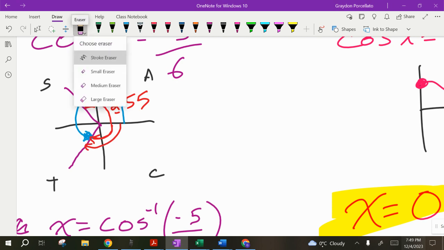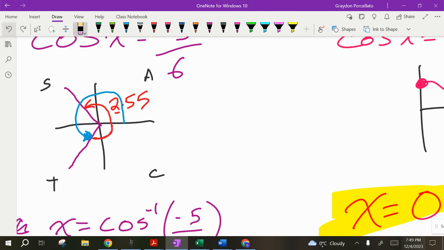So I know that a full circle is 2 pi, and I take away this section, this 2.55.